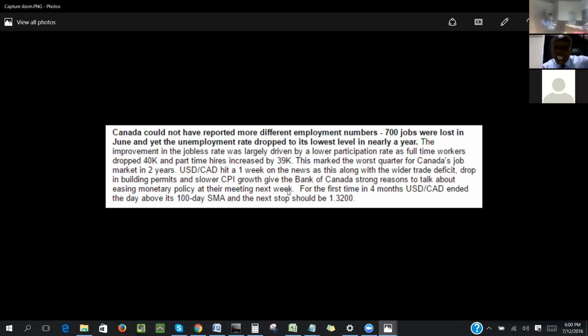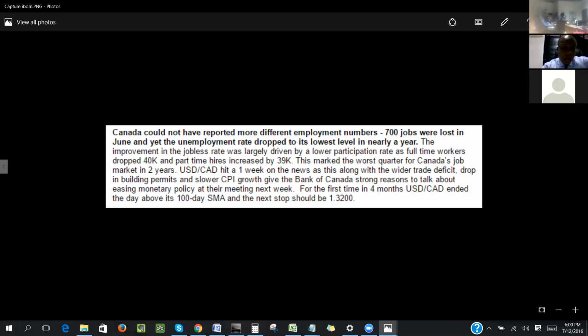Now, you only introduce quantitative easing when you cut interest rates and it is not working. But in the case of Canada, Canada will be looking at cutting interest rates. And when a central bank is thinking of cutting interest rates, you should be selling the currency of that country. Are you following? If I'm going to cut my interest rate, you should be selling my currency.